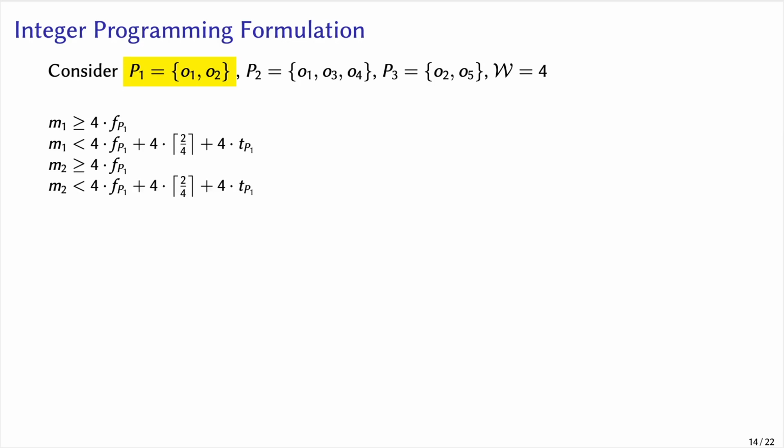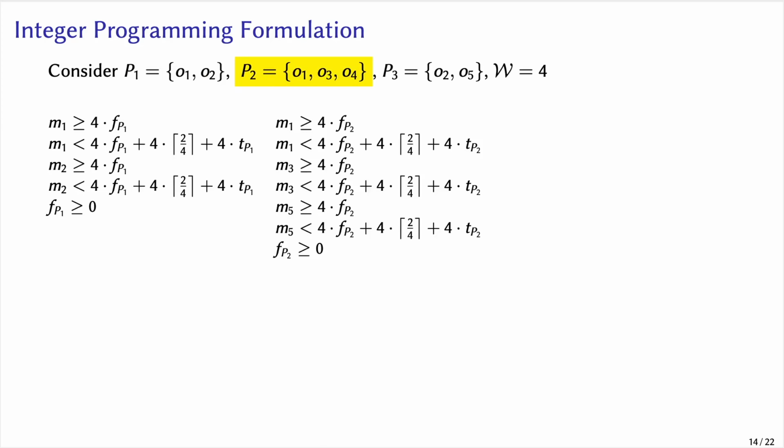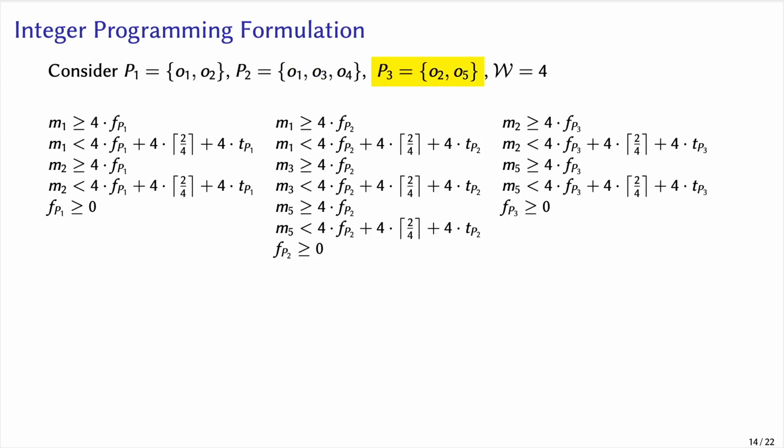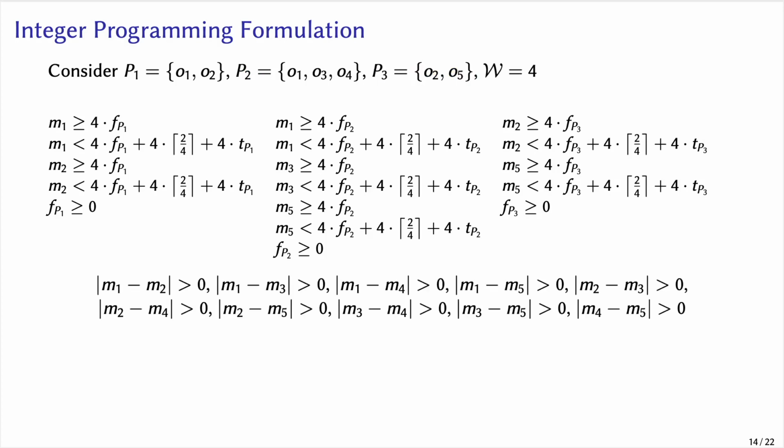Then, we do the same for O2 and M2, and ensure that the offset is greater than or equal to 0. We repeat this for O1, O3 and O4 in P2, and O2 and O5 in P3. We then ensure that all the identifiers are unique. Finally, we hand this over to the solver and ask it to minimize the tolerances.